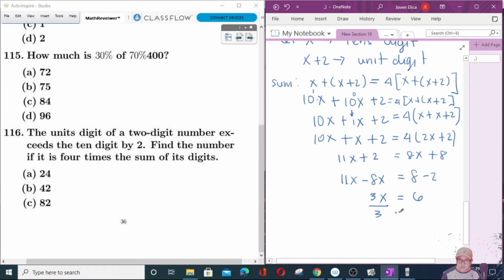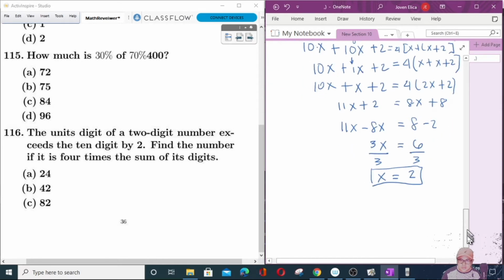Divide both sides by 3. The value of x is equal to 6 divided by 3, which is 2. 2 is the tens digit.